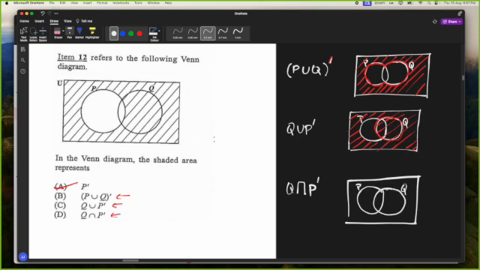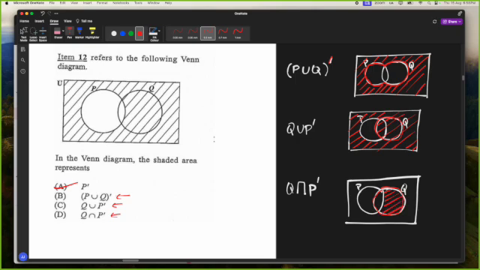I take in Q, which is this set here. This is the set Q. And P complement is everything outside of P. And so I want where those two intersect, and those two would intersect right here.